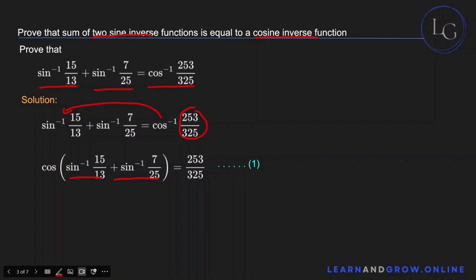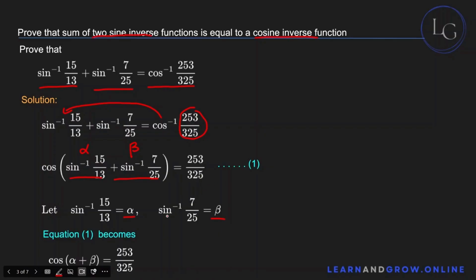Okay, now let's give sine inverse of 15 by 13 and sine inverse of 7 by 25 arbitrary values, namely alpha and beta, right? So sine inverse of 15 by 13 is equal to alpha, and sine inverse of 7 by 25 is beta.